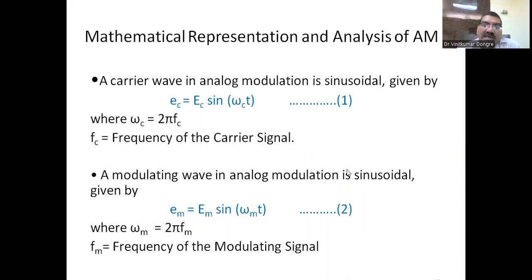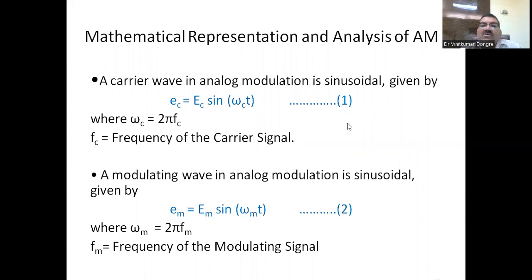Omega m equals 2 pi fm, where fm is the frequency of the modulating signal. So there are two equations, because we are working with two waveforms: one is the carrier signal, and the other is the modulating signal. Now we will mix these two signals.